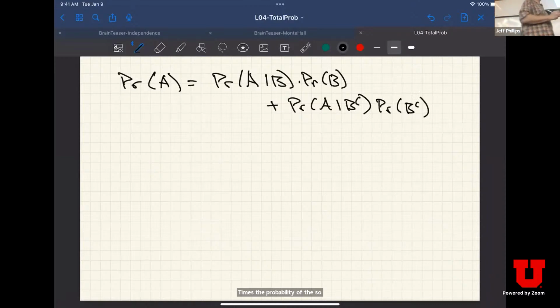If I have two ways B can go, the only way to get A is if B is true, so it's the probability B is true times the probability I get A given that B was true, or B was not true. So I add the chance that B was not true times the probability of A given that B was not true. These are disjoint things that can happen, because one is conditioned on B being true and one on B being not true, and the sample space is divided by B or not B.